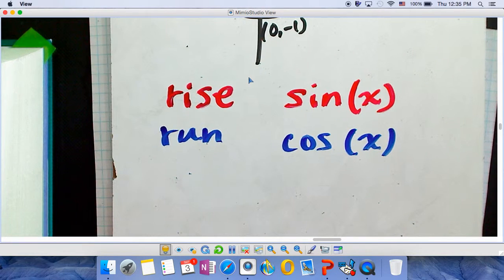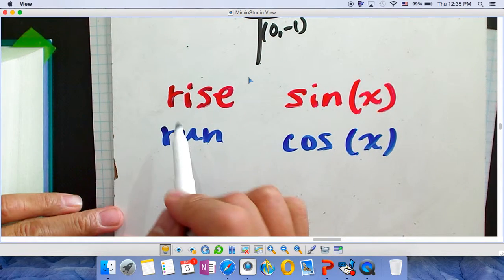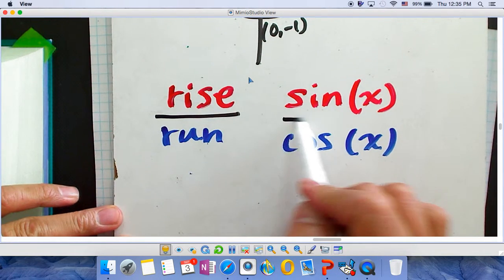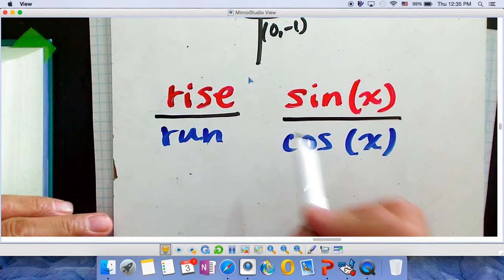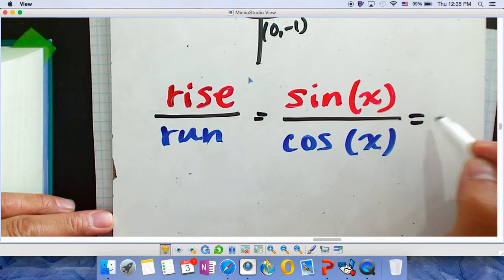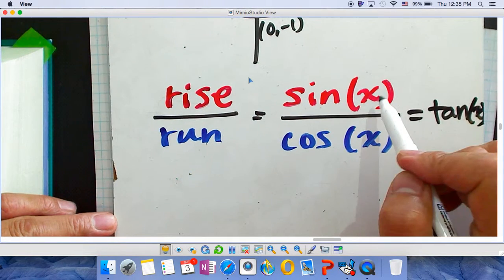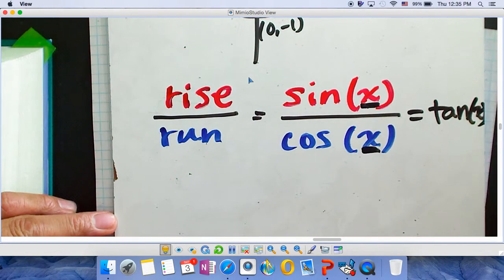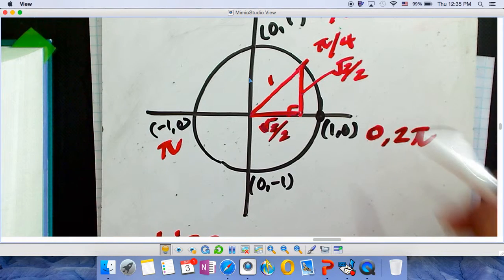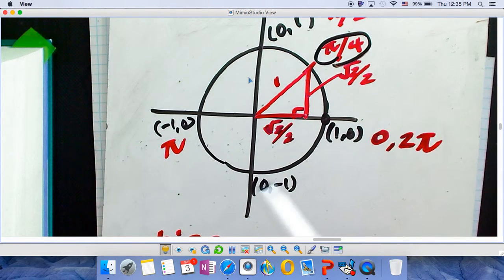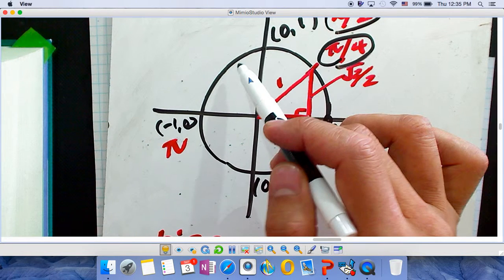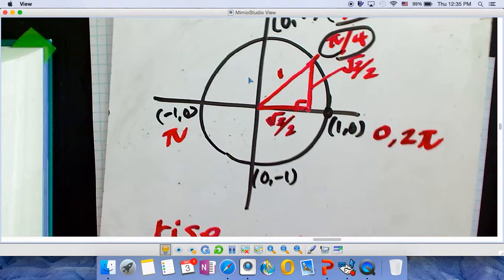In order to get the slope, we just take the ratio, and that's going to be our slope, which we call in precalc tangent of x. That x is the radian, like pi halves, or pi thirds, and so on and so forth.